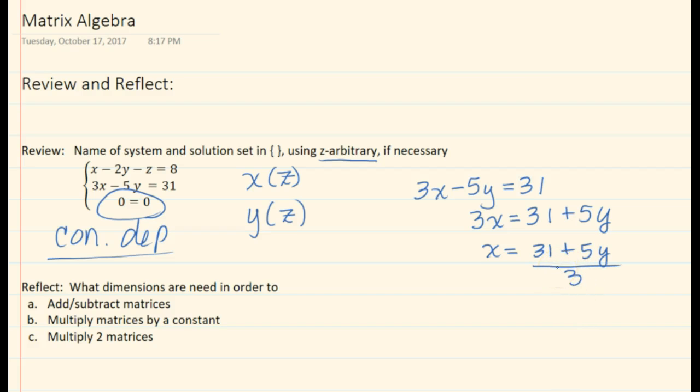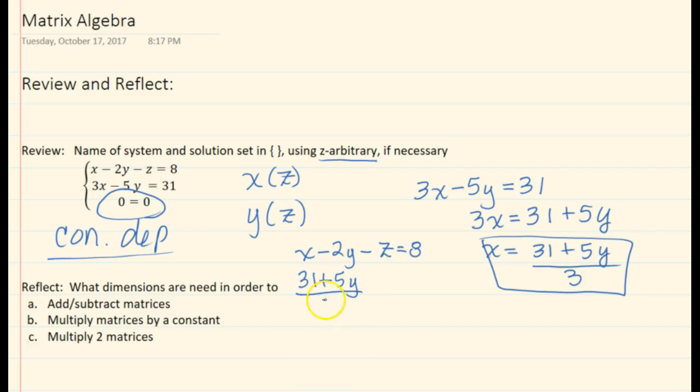So I'm going to put this value for x into the other equation. So instead of writing x minus 2y minus z is equal to 8, I'm going to write 31 plus 5y over 3 minus 2y minus z is equal to 8.